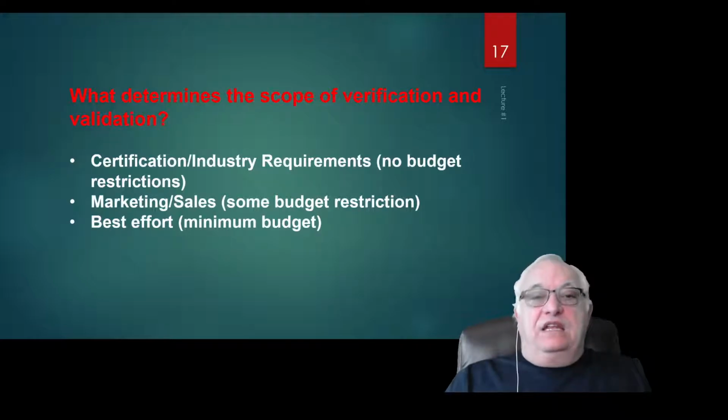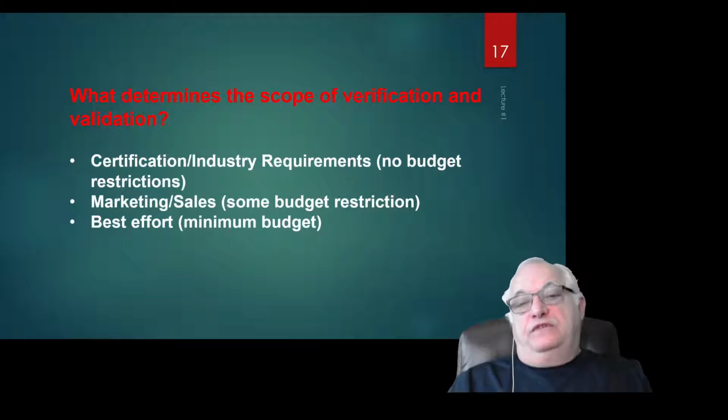The second way the scope of verification of your program is determined is by marketing and sales. They may decide that your product has to be this good, has to work most of the time, if not all of the time.